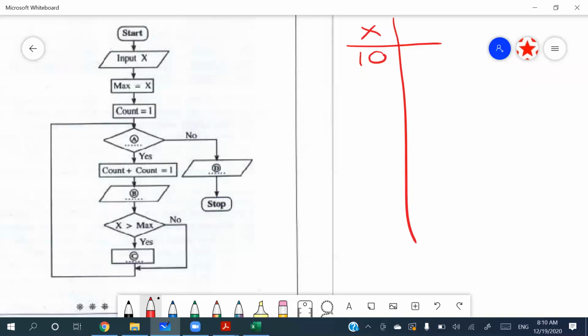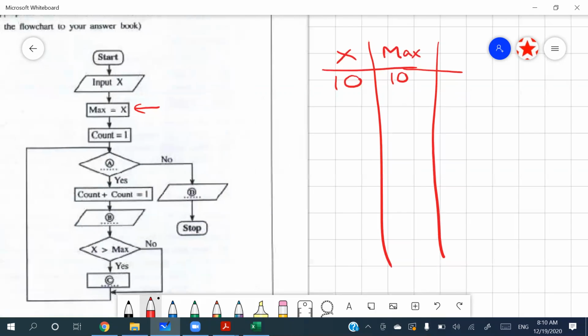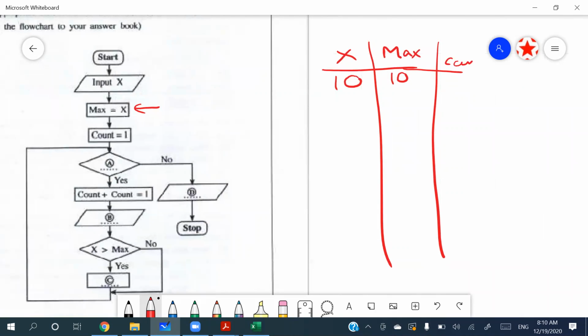And it says assign X to max in this next instruction. So there is another variable called max, and they are assigning X to max. So max is going to be 10 again. And they said count equals 1. So count is going to be another variable, having 1 for the moment. So we are right over here.